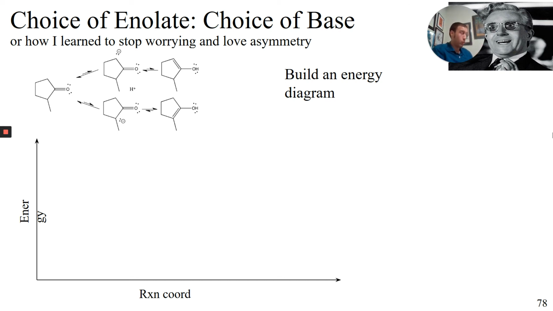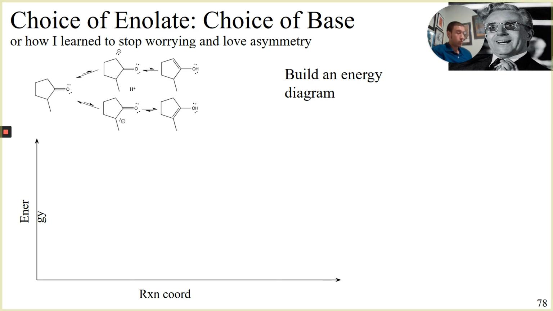But if we were to go through and do this, we could start with our reactant floating somewhere in the middle. We move to our intermediates and then our products. If we look at our intermediates, we have two.